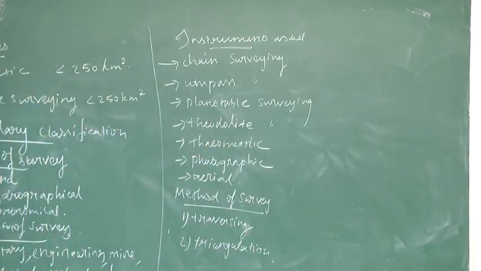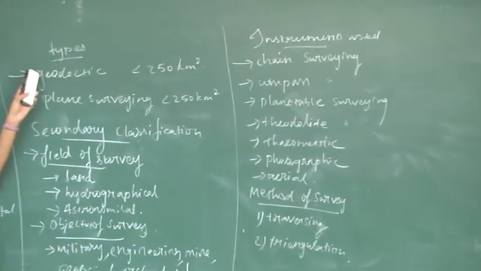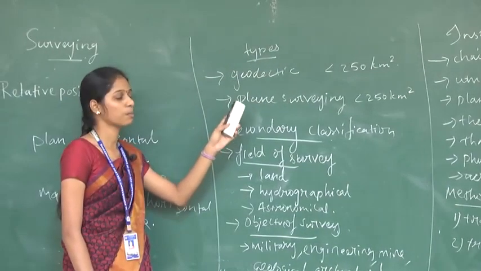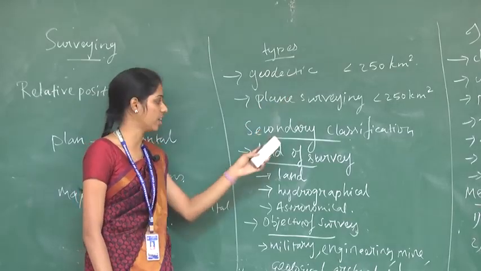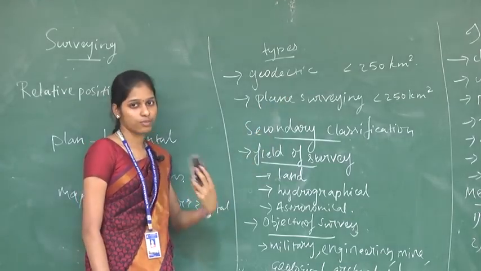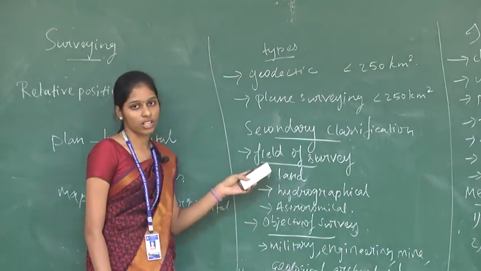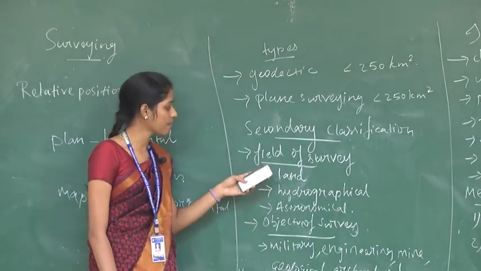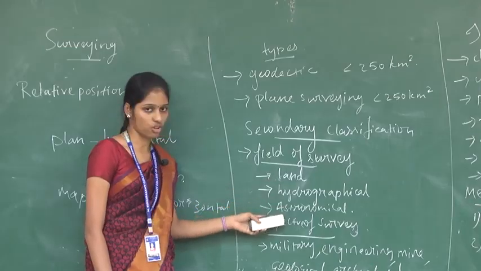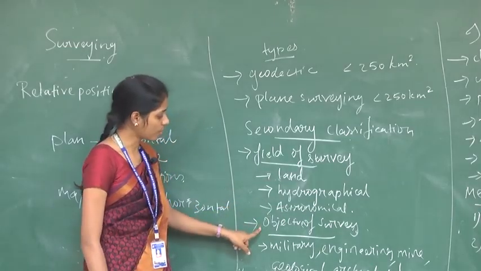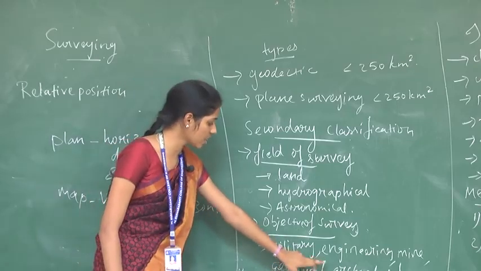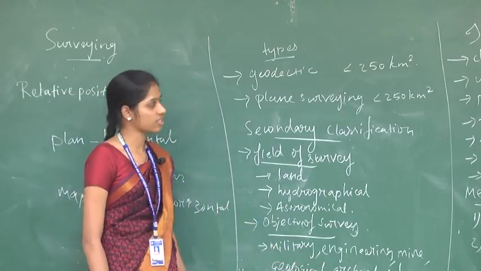See, surveying is primarily classified into two types called geodetic survey, plane survey, based on the area of surveying. And surveying is secondarily classified into several types based on several factors like field of survey: land, hydrographical, astronomical; and objective of survey: military, engineering, mine, geological and archaeological survey.